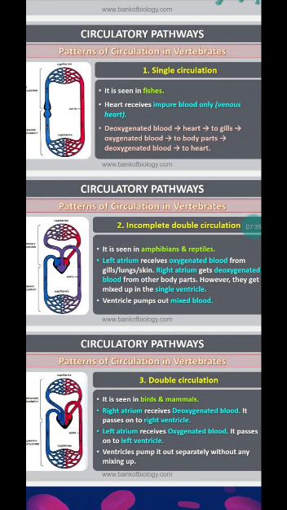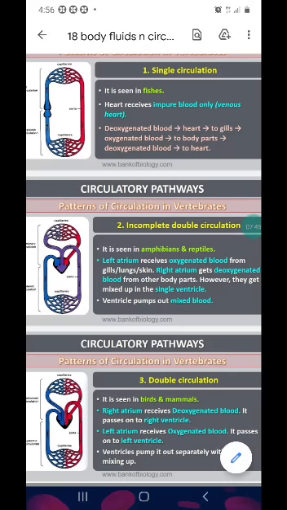Now after going to the lungs and getting oxygenated, the blood goes to the left ventricle, and from the left ventricle, the blood is pumped by the aorta, the main branch, to all the parts of the body. That is why it is double circulation. It takes 2 different routes. That's why it is called double circulation.